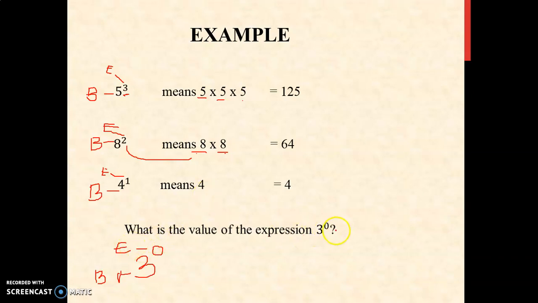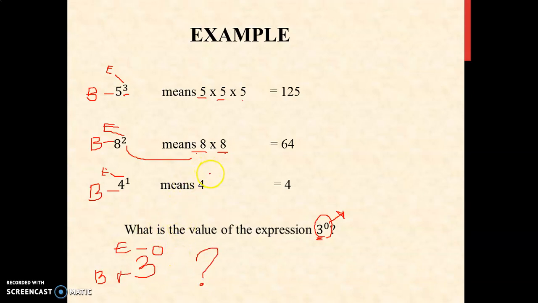But how about in this case? Your exponent here is 0. How many times is 3 repeated to itself? It is 0. So what do you think is the value of 3 raised to 0?